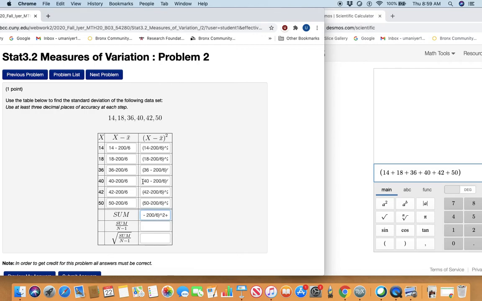Control C. Control V. Plus. Control C. Control V, plus the last one, Control C.